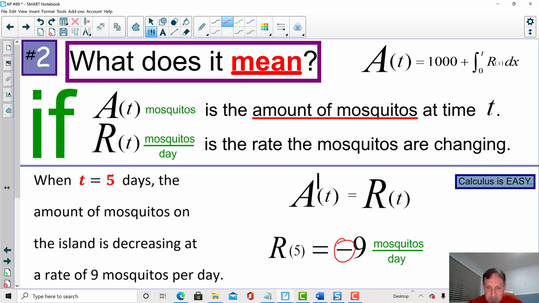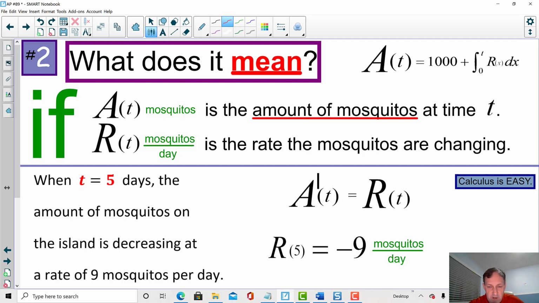So the negative basically means decreasing, and it's decreasing at a rate of 9 mosquitoes per day at that moment in time. So this is not an interval of time, this is at an exact moment of time. -9 mosquitoes per day is an instantaneous rate of change. It's how the amount of mosquitoes is changing at that moment in time.